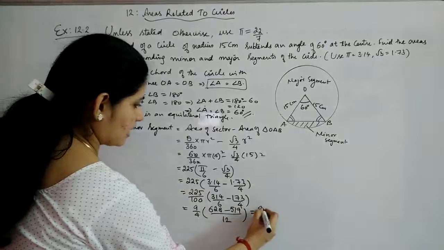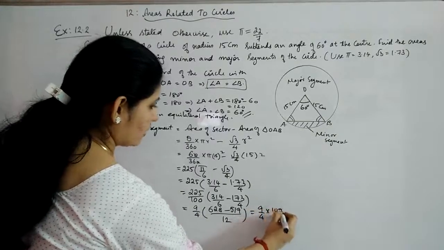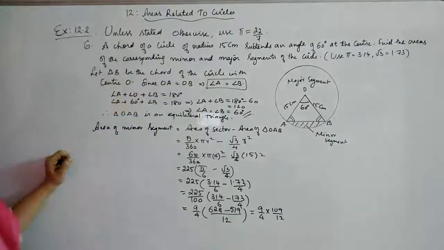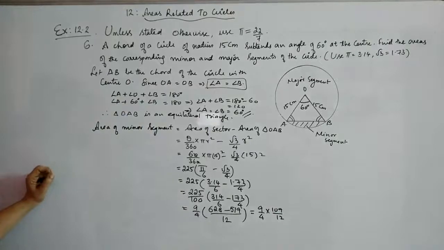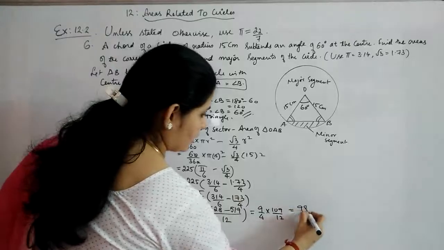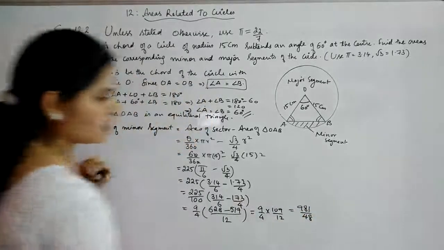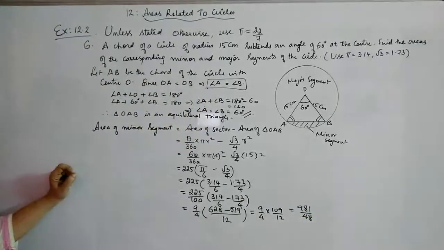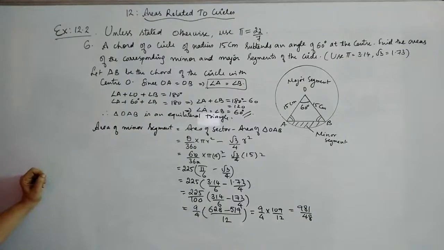That means this is 9 by 4 into 109 by 12, and this will give you 981 by 48, and after simplification that will give you 20.4375.